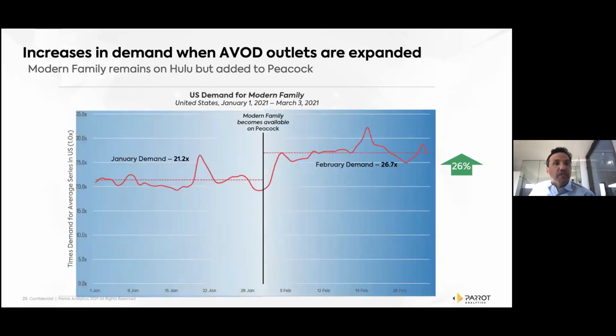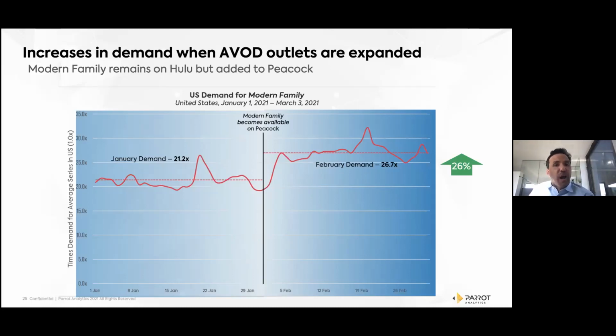We also explore the case of Modern Family. It actually shifted from being present on Hulu, not really all the seasons, but on a next day basis, to a licensing where it is available in Hulu still, but also is available on Peacock.